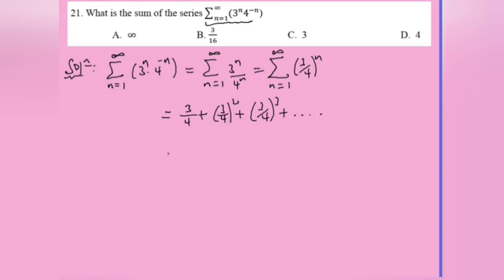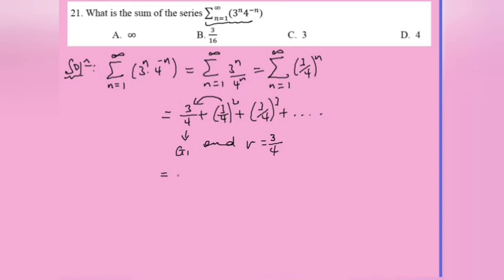This is an infinite geometric series where the first term is 3 over 4 and the common ratio can be obtained by dividing the second term by the first. Again, the common ratio is also 3 over 4.